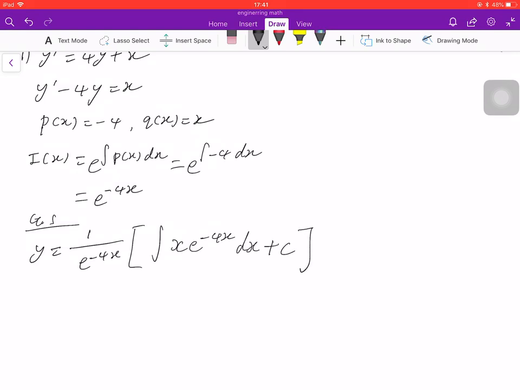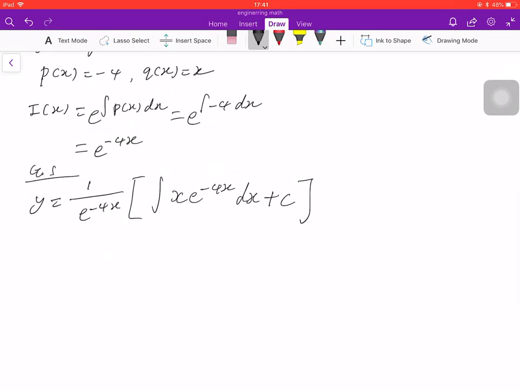This is by application of the general formula. Now we need to do the integration of this part.